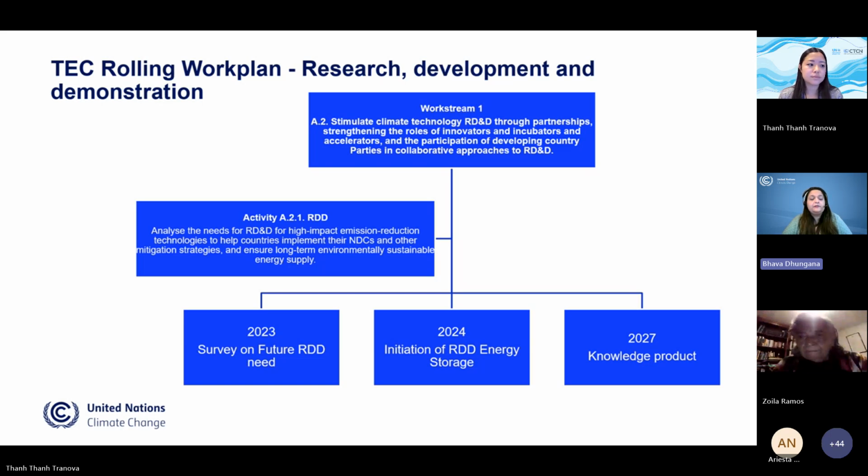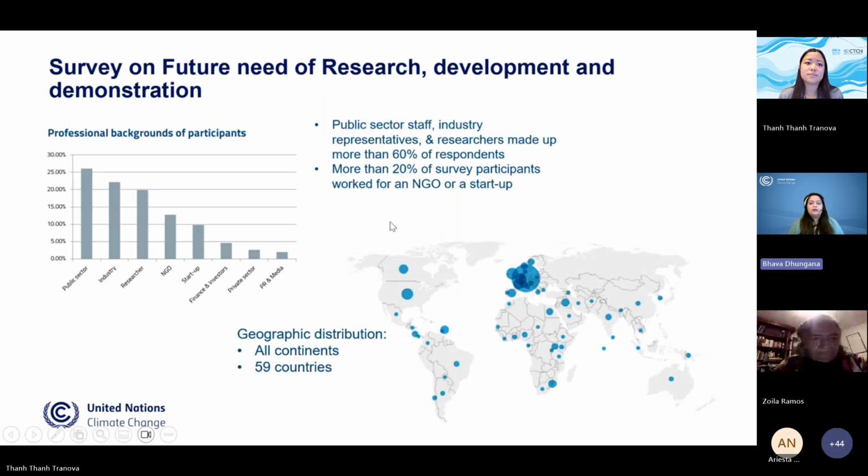And in 2024, based on the results of the survey, which I will go into a little bit, they agreed that they would focus on RD&D on energy storage, and then they will develop a knowledge product, a policy analysis by 2027 on this topic. Next slide, please. So just to go a little bit into that survey itself.